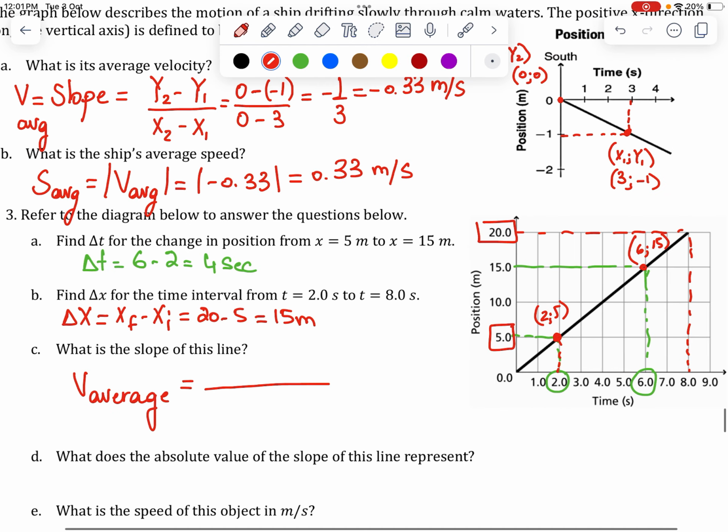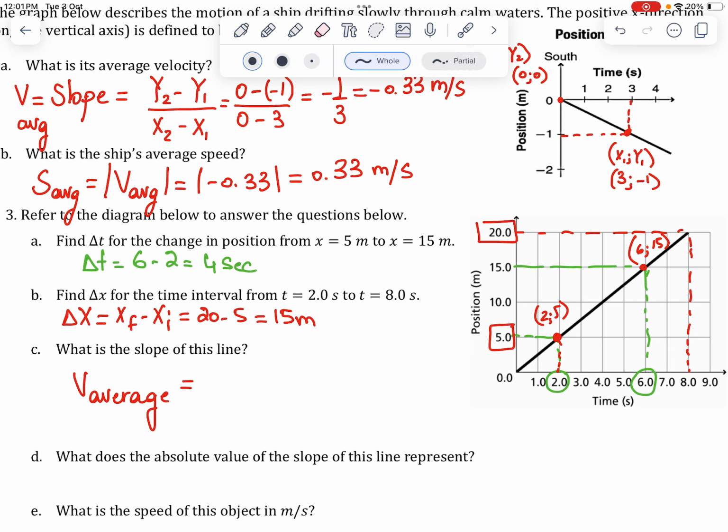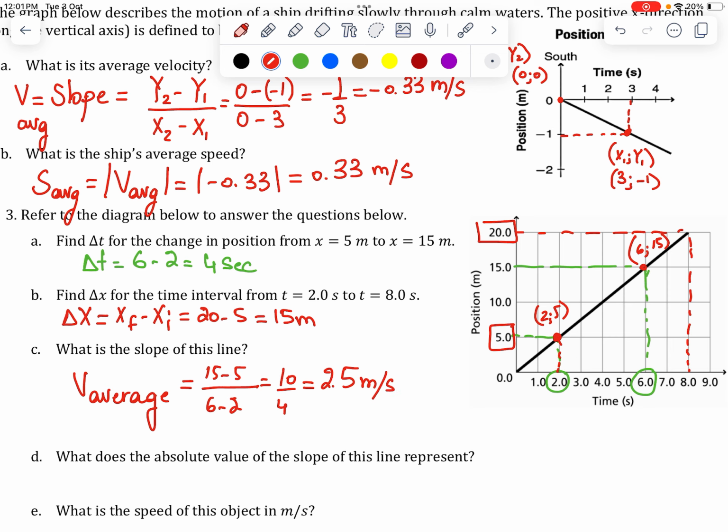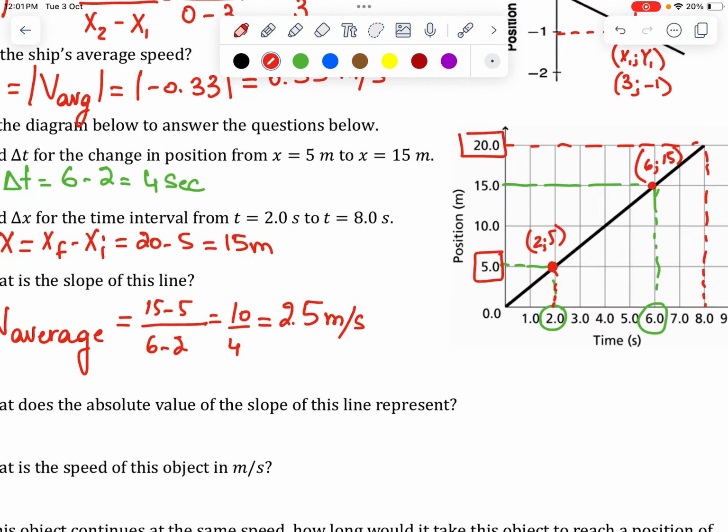It will give you the same value of the slope. So applying rise over run, the change in y over change in x: 15 minus 5 over 6 minus 2, 10 over 4, 2.5 meters per second. Delta y is in meters, delta x is in seconds.